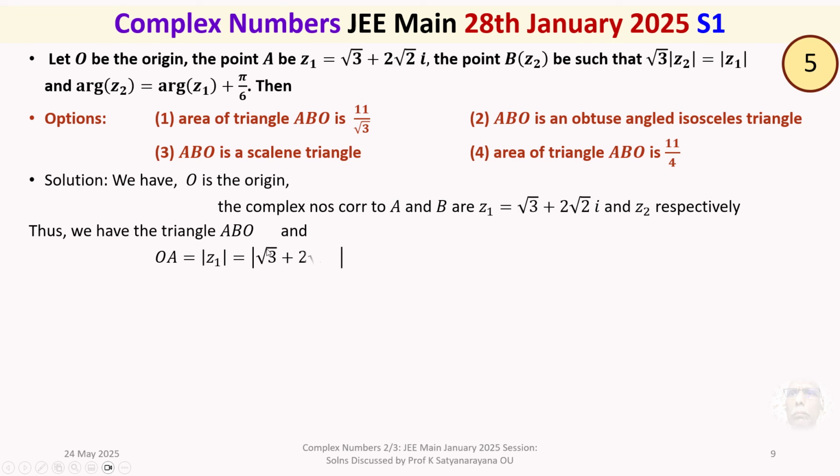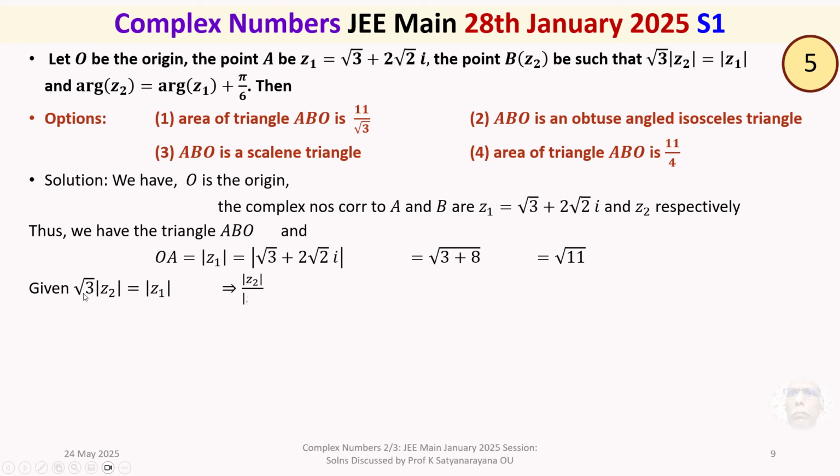The complex number corresponding to A is Z1, so OA will be modulus of Z1, that is modulus of root 3 plus 2 root 2 i, and that is under the square root of root 3 squared plus 2 root 2 squared, that is root 11. That means one side OA of the triangle ABO is of length root 11.